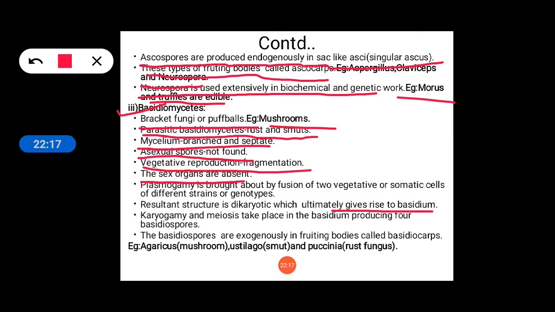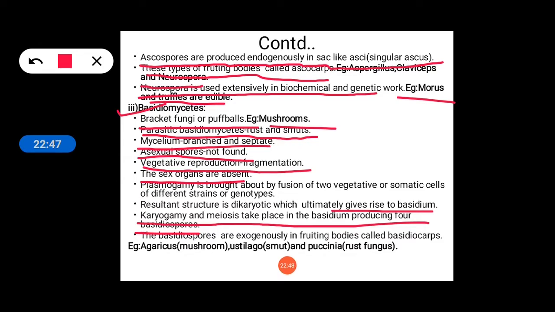Okay. Karyogamy and meiosis take place in the basidium producing 4 basidiospores. Karyogamy means fusion of nuclei, and after karyogamy it is followed by meiosis, which takes place in the basidium producing 4 basidiospores. The basidiospores are borne exogenously on fruiting bodies called basidiocarps.